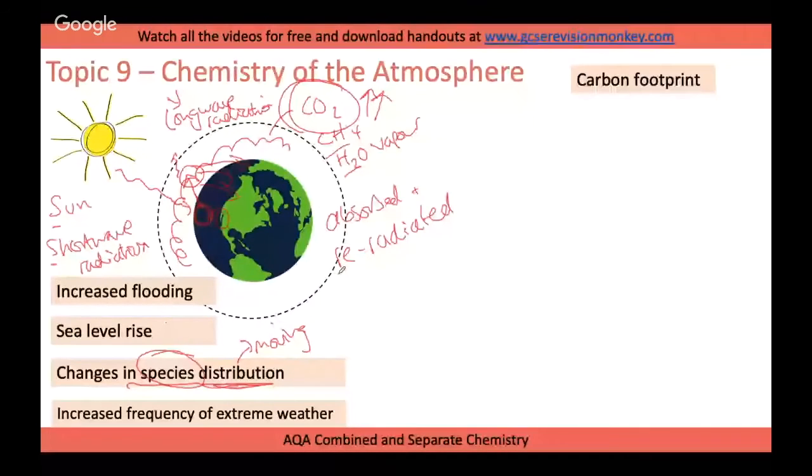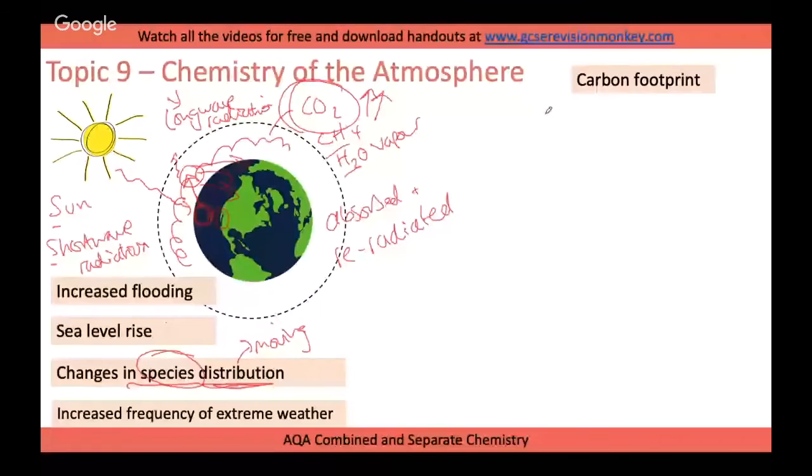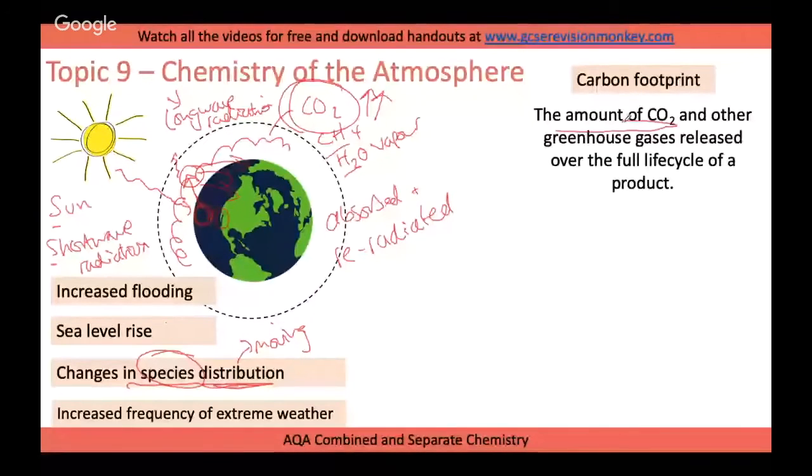And it's important that we all consider our carbon footprint, because it's the carbon dioxide levels that are going up. Our carbon footprint is the amount of carbon dioxide and other greenhouse gases released over the full life cycle of a product. So this could be anything from a company making a mobile phone. You could be talking about your own carbon footprint in your day-to-day life.